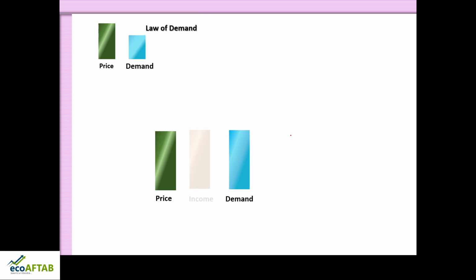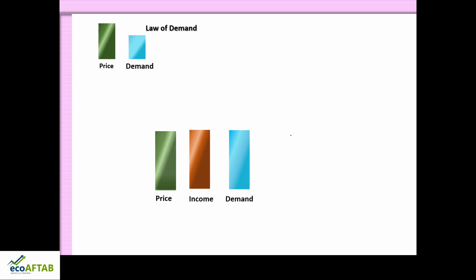So keeping this law of demand as the base, we will take another example. So here we are having price and we are having demand. I will bring into picture one more variable, let us say income. Now we are not keeping other things constant, we are bringing into picture other variables.